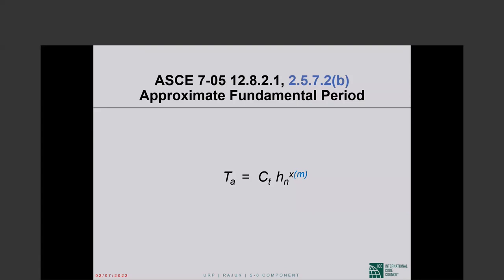The design base shear is inversely proportional to period, or period squared. So if we want to remain conservative when somebody does not refine the initial period estimate, then T sub A has to be smaller than the rationally computed period.